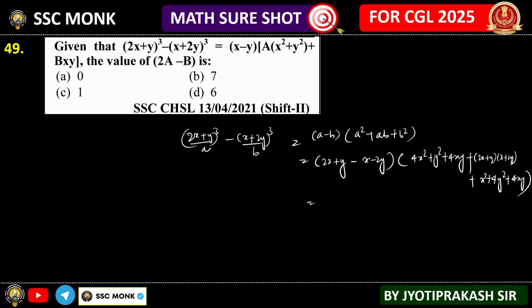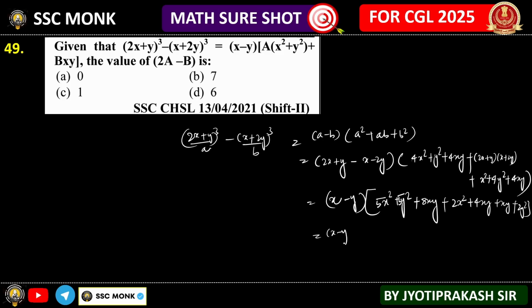Now x gone, so y minus 2y is equal to minus y, so (x minus y) into (4x square plus y square plus 4xy), but here x square plus 4y square, so directly I will write 5x square, 4y plus y, 5y square, 4xy plus 4xy, 8xy, two things gone. Now here 2x into x, 2x square, 2x into 2y, 4xy, y into x, xy, 2y into y is equal to 2y square.